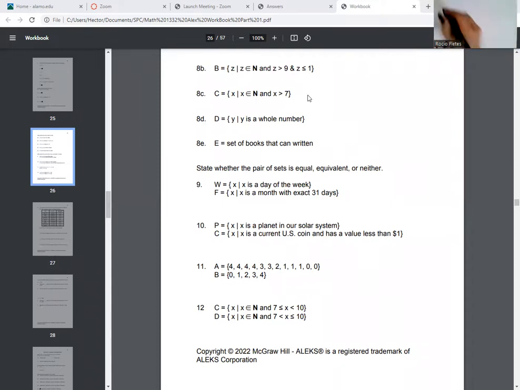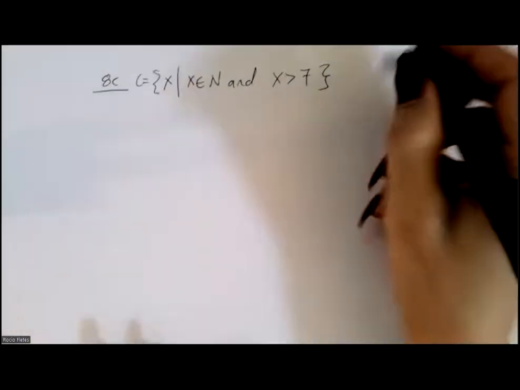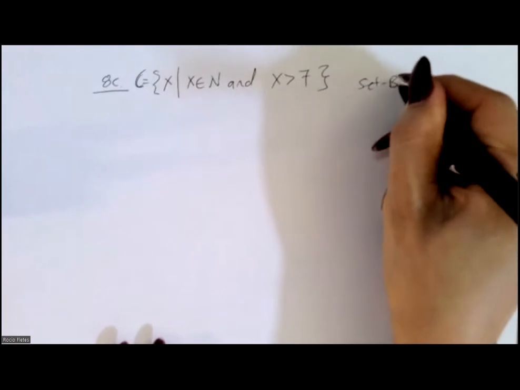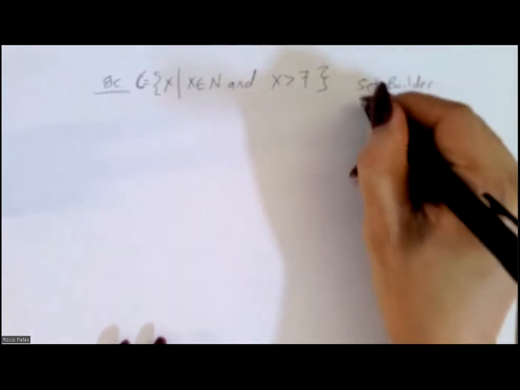So 8C is a collection. C is equal to all the X's such that X is a natural number and X is greater than 7. Okay. And let me stop sharing here. So this is in set builder notation, right?